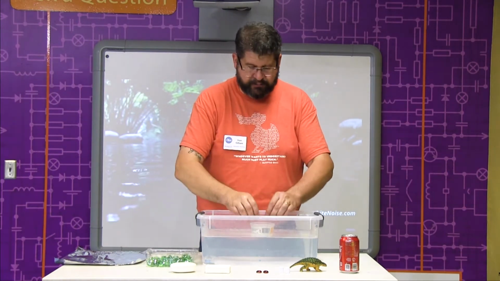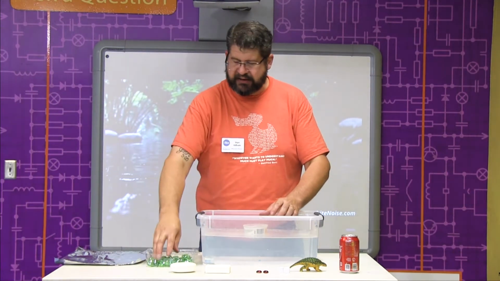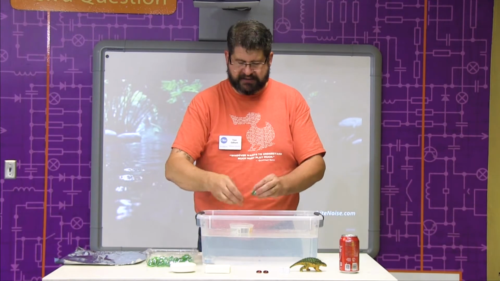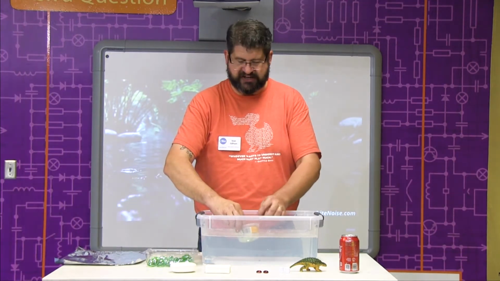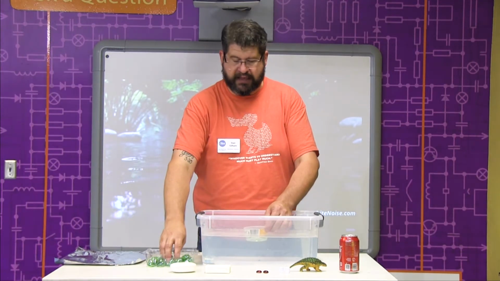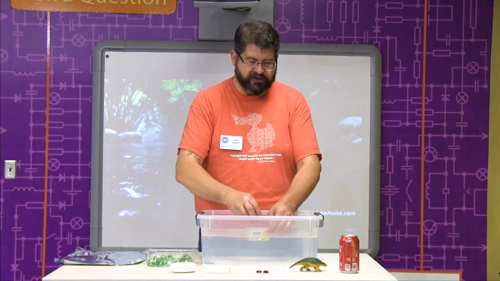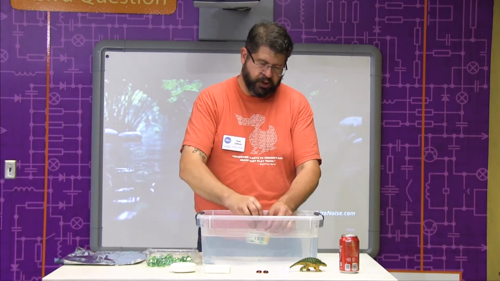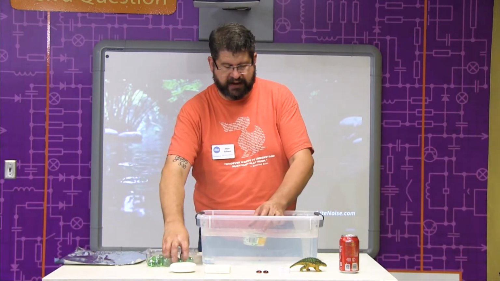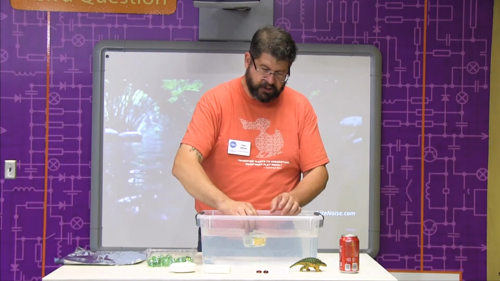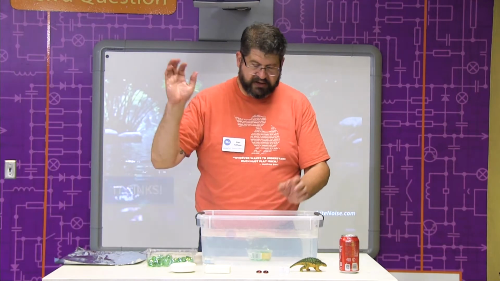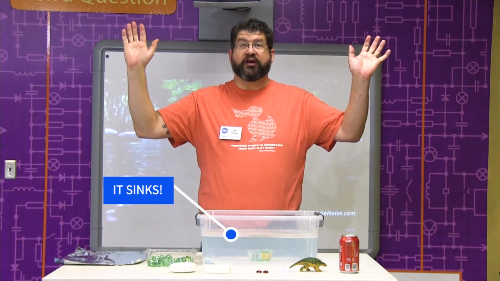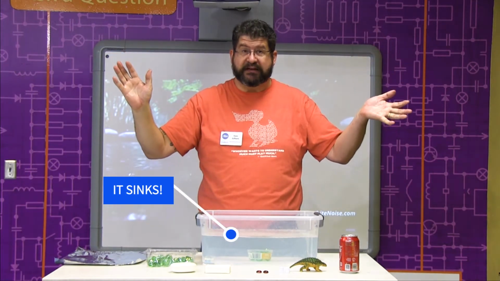I'm going to take some of these glittery stones and put them in our container. And let's see how many we can put in there until it no longer displaces the water. At that point, something interesting should happen. What do you think it is? Well, we're about to find out, because the amount of weight we put inside overcame the displacement.